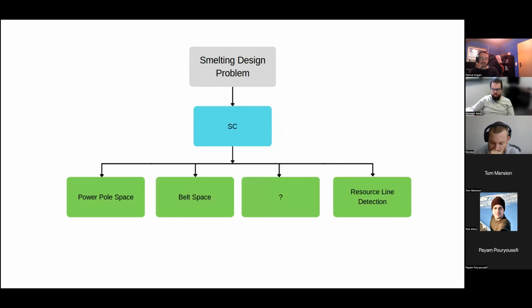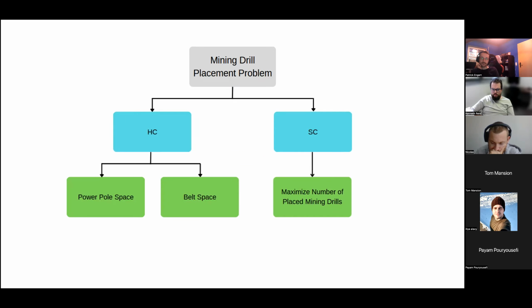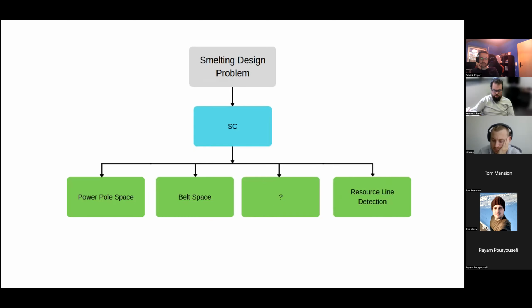And after that, those mining drills are going to basically get some resources out. And so logically, I think it's a good thing to do the smelting design problem. It's basically the same line of thought.